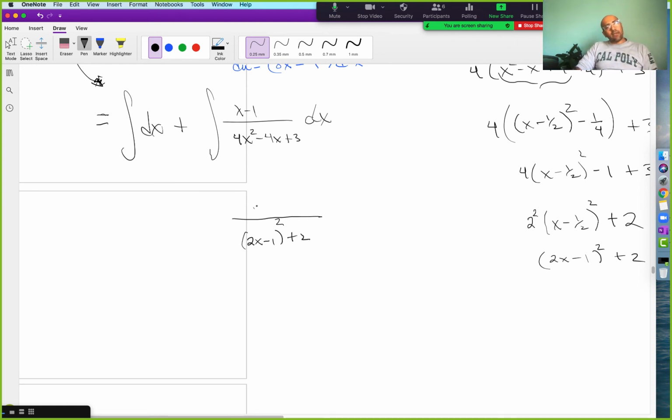So if I had a 2x minus 1, and then I multiplied it by a half, that would give me x minus a half, and I need another minus a half. If I distribute this, I end up with x minus a half, and then minus a half gets you to minus 1.